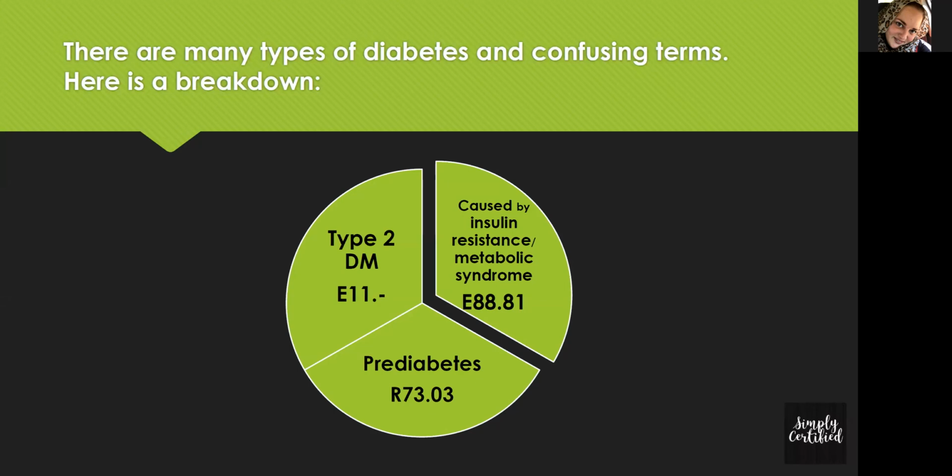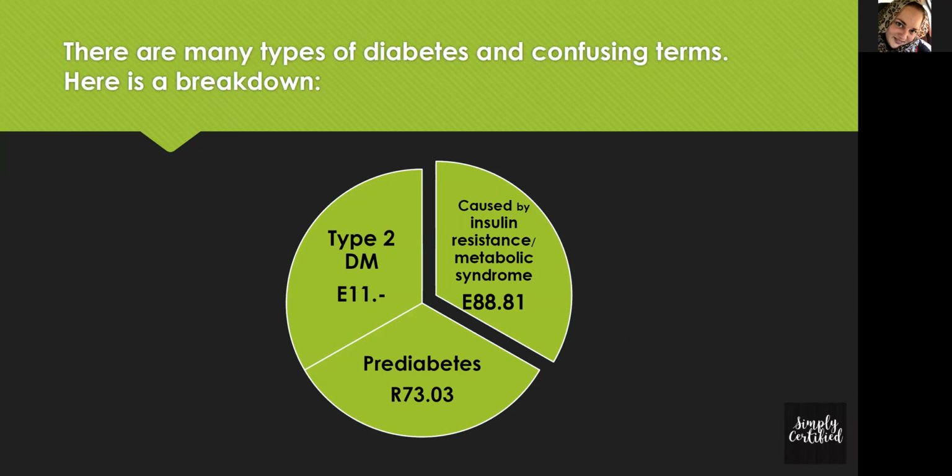So back to the types and the confusing terms. I made a little pie here for you guys. Type 2 diabetes is caused by insulin resistance, right? But there are a few things you can have together with type 2 diabetes before you get type 2 diabetes.